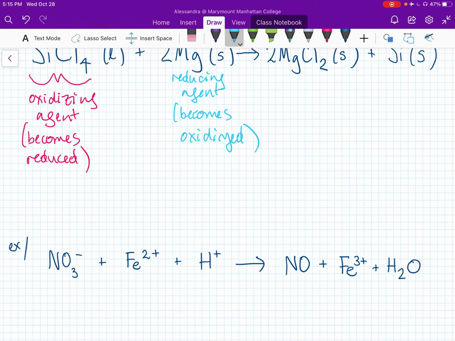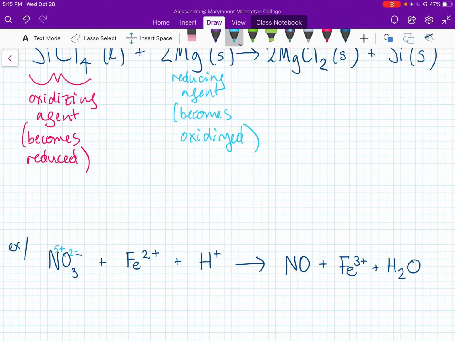So in nitrate, NO3-, I have a 2- on the oxygen and the overall charge on the ion is -1. So that means I have to have a 5+ on the nitrogen. We actually did that one in a previous lecture. Each oxygen is going to be an oxidation state of 2-. Iron is 2+, okay, so that one's done. The oxidation state is equal to the ion's charge.